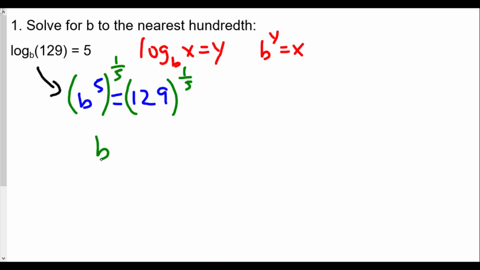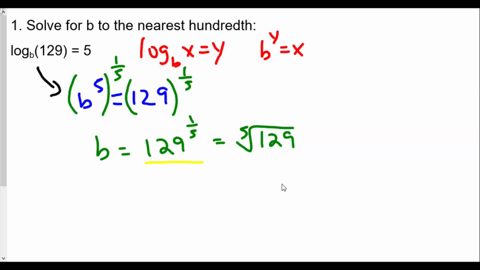So that means b is equal to 129 to the 1/5 power, which if I ask for radical form, would be the 5th root of 129. But since we are looking for the value of b to the nearest hundredth, we're going to find the numerical value of 129 to the 1/5 power, to the nearest hundredth.